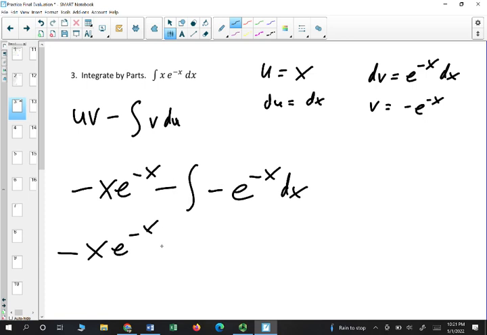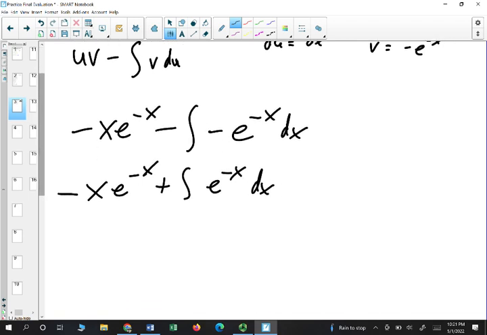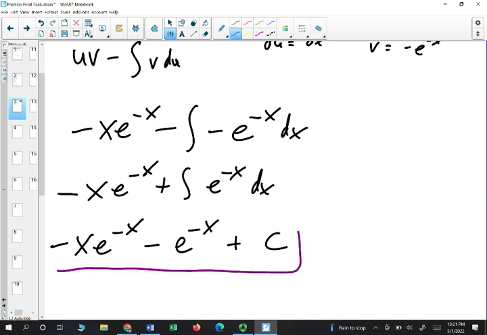Pull the negative outside, so we have a plus integral e to negative x dx. When we integrate e to negative x, then we will have minus e to negative x, and then plus c. And that's it. Okay, let's take a look at our next problem.